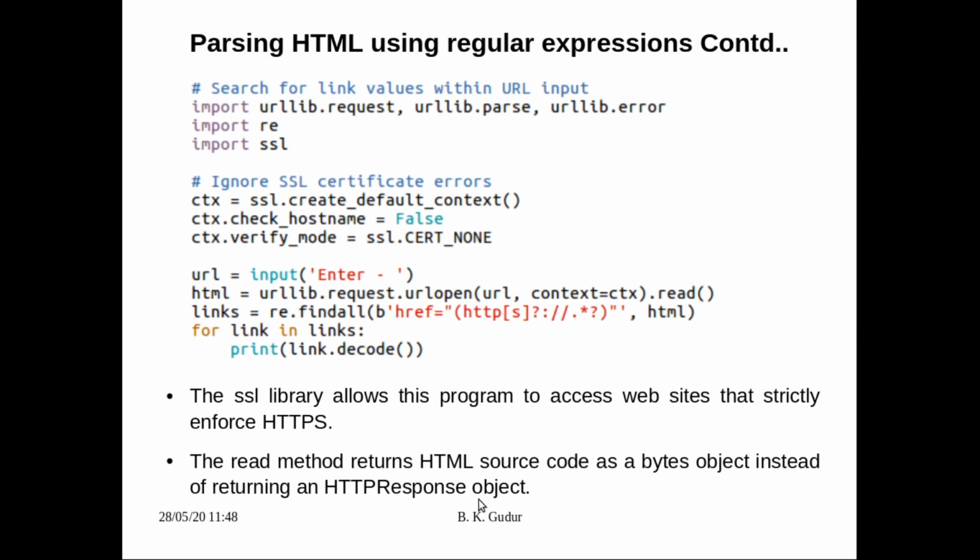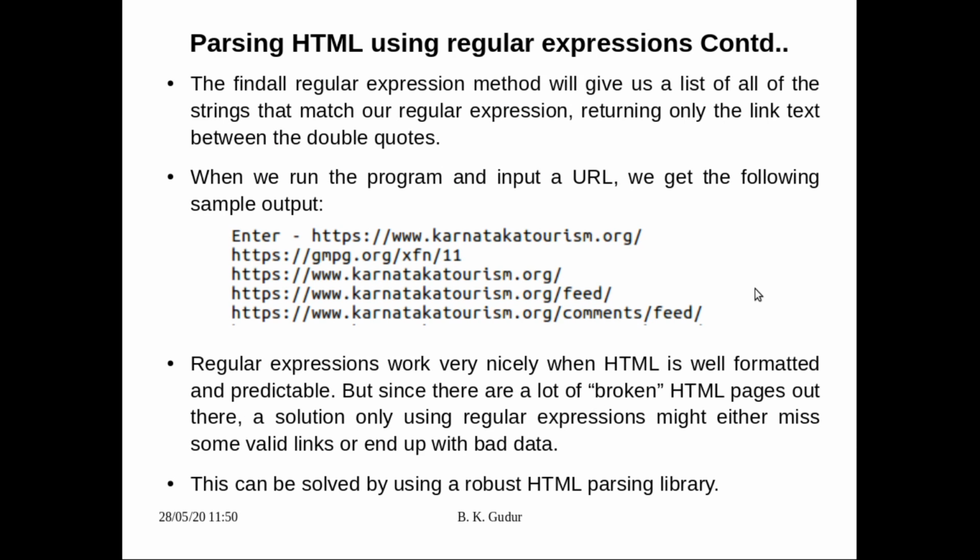Whatever the read method returns along with this SSL module is going to be a bytes object, so that it will be much easier for us to parse it. The findall regular expression method gives us a list of all the strings that match our regular expression, returning only the link text between the double quotes.